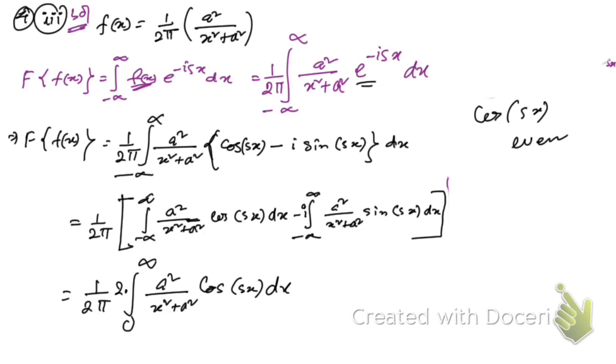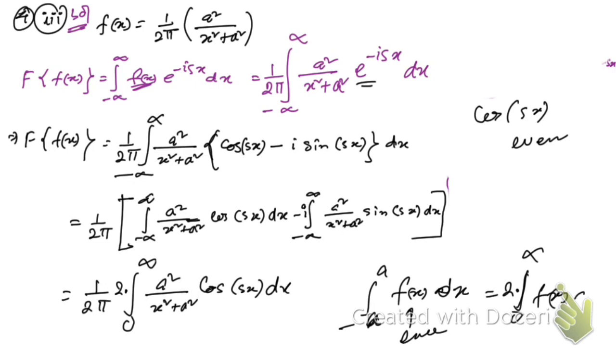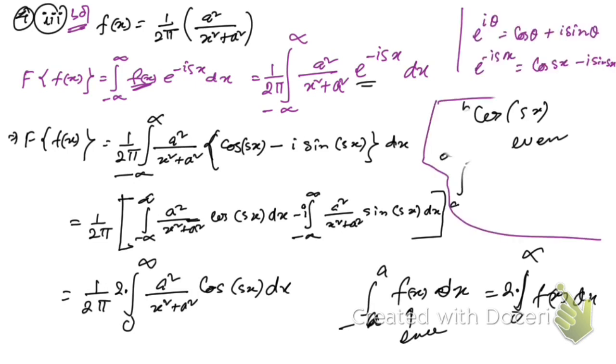That means we have this property: integration from minus a to plus a of f of x dx, if it is even, then we can write 2 into integration from 0 to a of f of x dx. We have used this property. Hope you have understood this.